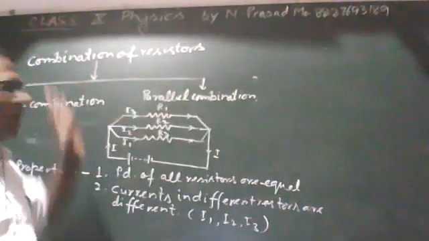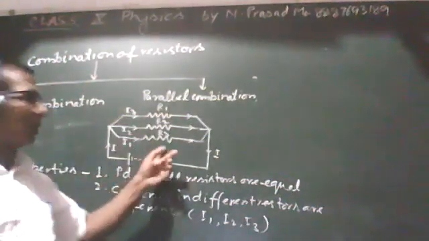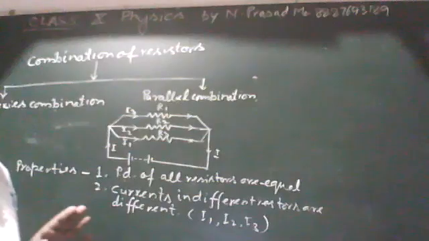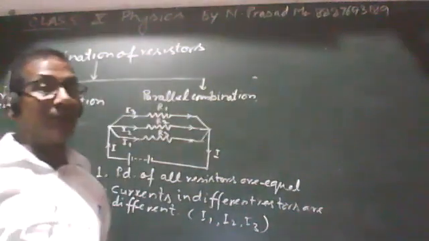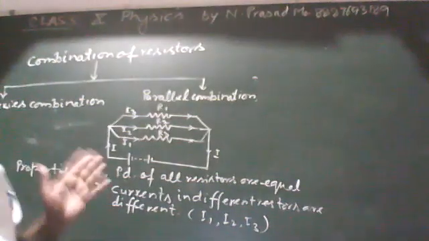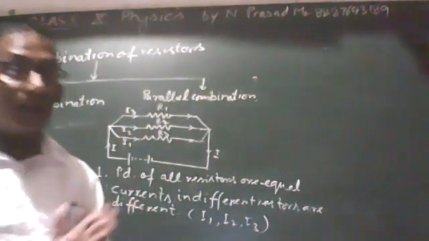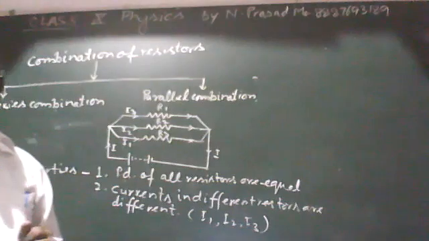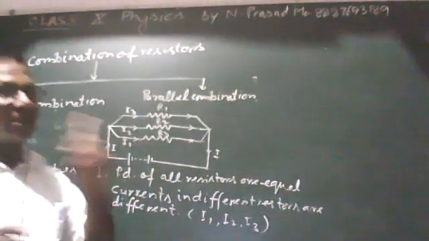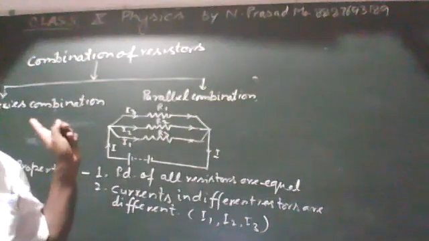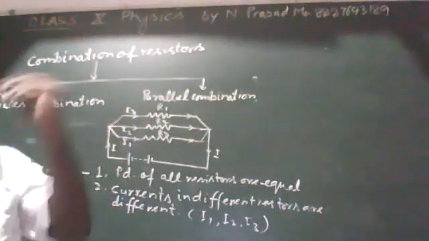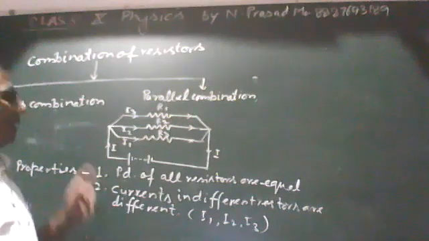If two bulbs are fused, then the third bulb will continue to glow. That's why it is a benefit of the parallel combination that all resistors have different paths, their own paths. But in series combination, there is a single path. If one resistor breaks down, then the circuit supply will break down.